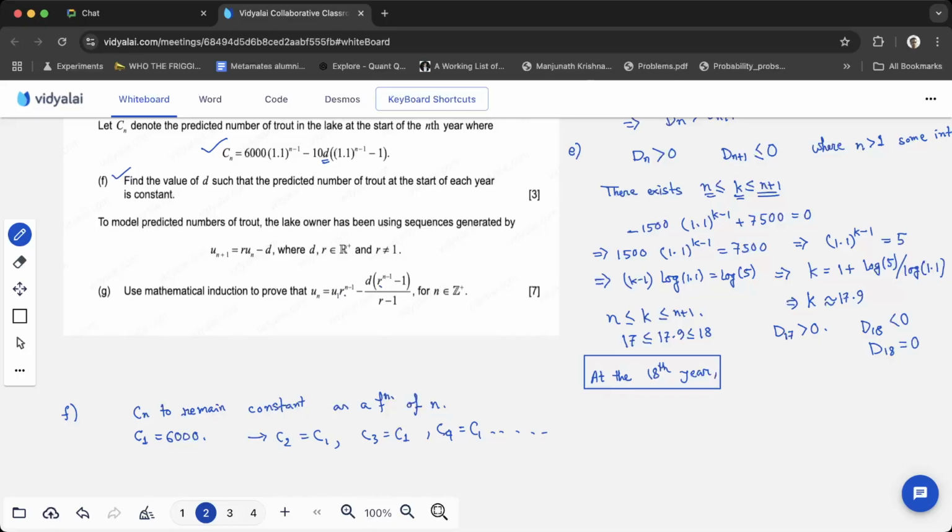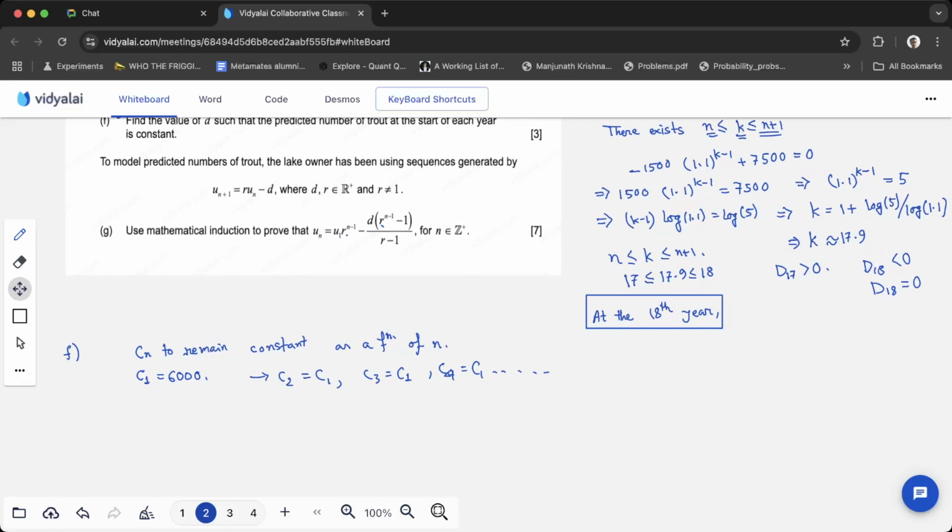Basically, the trout population has to remain constant. So if we can prove that for all n greater than 1, Cn plus 1 is equal to Cn, then Cn will remain constant.